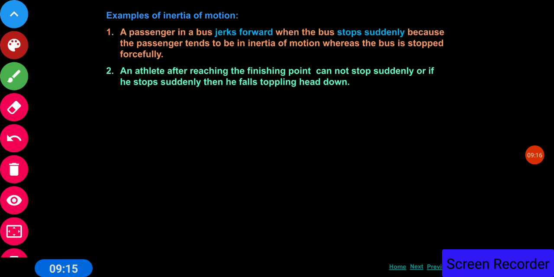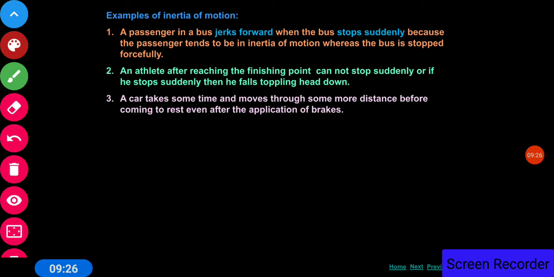So, to bring his motion to zero, he has to run in the same direction for a little while. A car takes some time and moves through some more distance before coming to rest even after the application of the brakes.